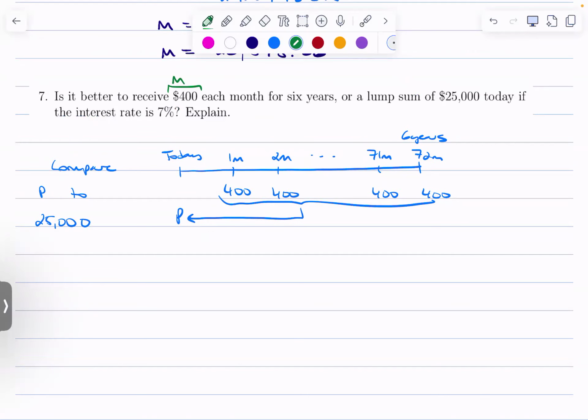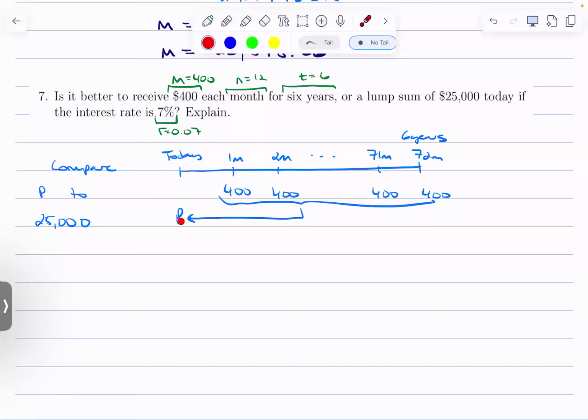Because I have these regular payments, that's my M. And it's monthly, which means my N is 12. My T is 6, and R is 0.07.